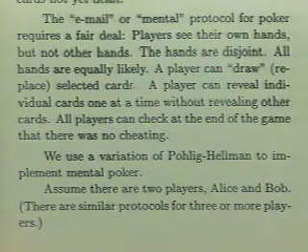I'm going to tell you how to do all of this using a variation of the Pohlig-Hellman cipher that I just talked about. We're going to assume that there are just 2 players, Alice and Bob. There are also similar protocols for 3 or more players. It just makes it slightly more complicated.